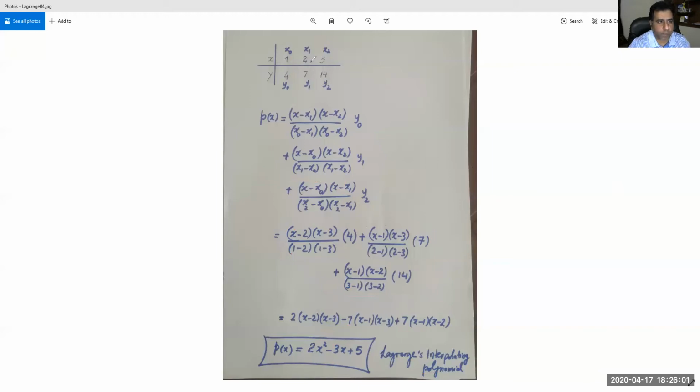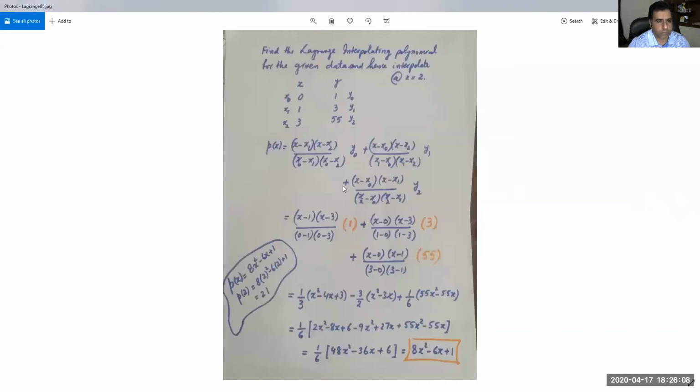So this is some toy problem, 3x3 problem. One more example, then I am going to wind up this lecture. 3 data points again, L0, Y0, L1, Y1, L2, Y2.